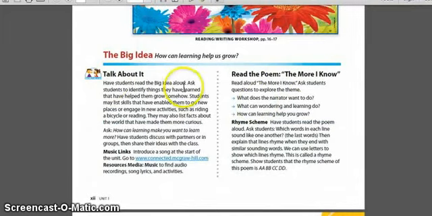They're discussing the idea. They're reading poems with the students related to what they call the big idea or the theme. So they're asking students to list the skills that they have related to this theme, which is how learning can help us grow. So they're asking students to make lists. They're asking students to share with their partners.